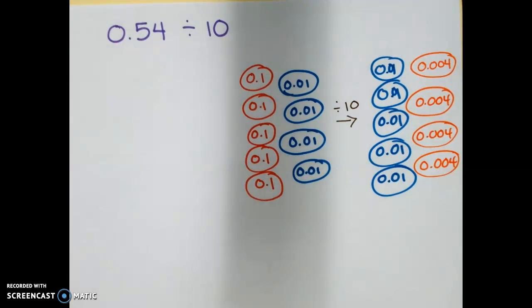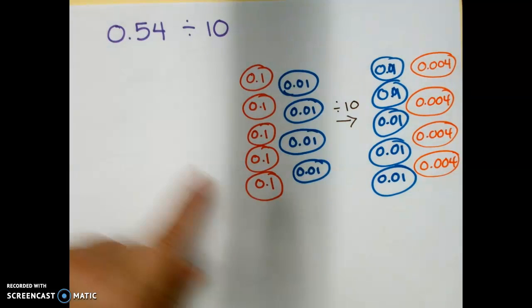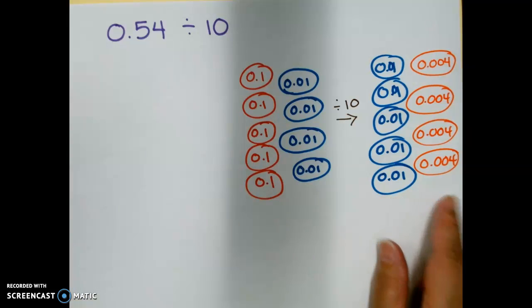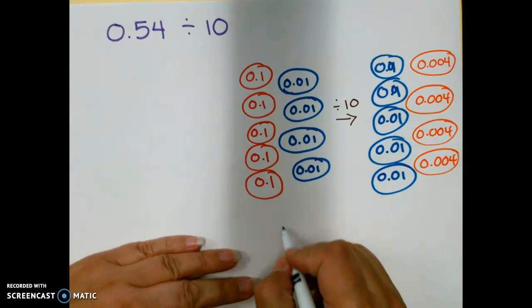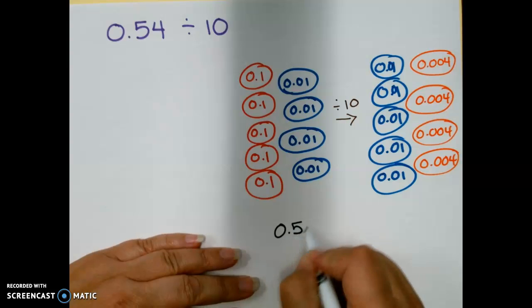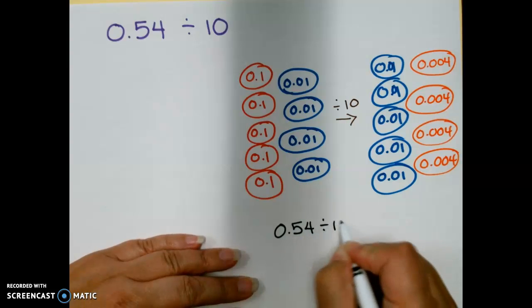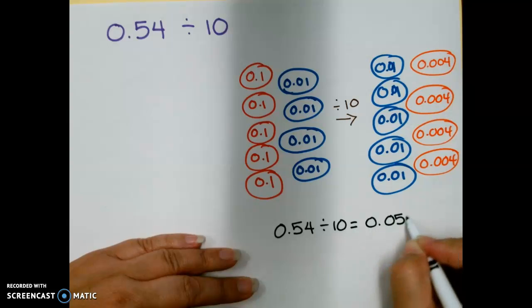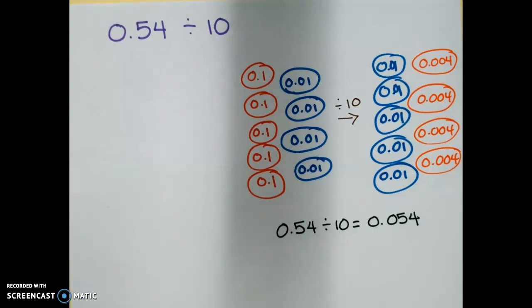So 54 hundredths divided by 10 equals 54 thousandths. Again, we're moving everything one place value to the right on our place value chart.